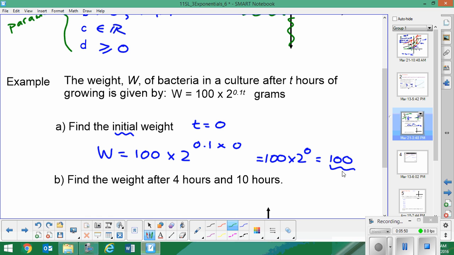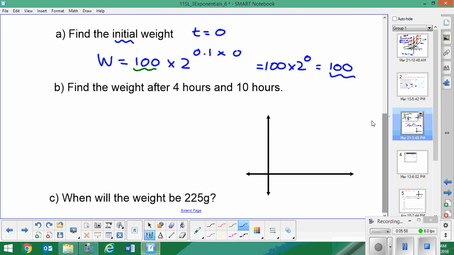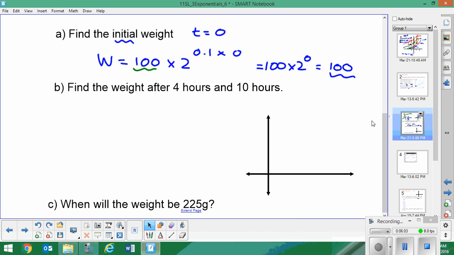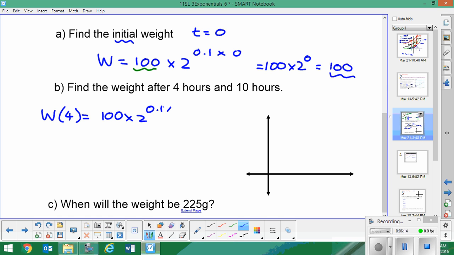So that number is our initial condition. If we want to find the weight at particular times, then we're just going to substitute into our equation. So at 4 hours, we've got 100 times 2 to the 0.1 times 4. Put that into your calculator and you get 132 to 3 significant figures.